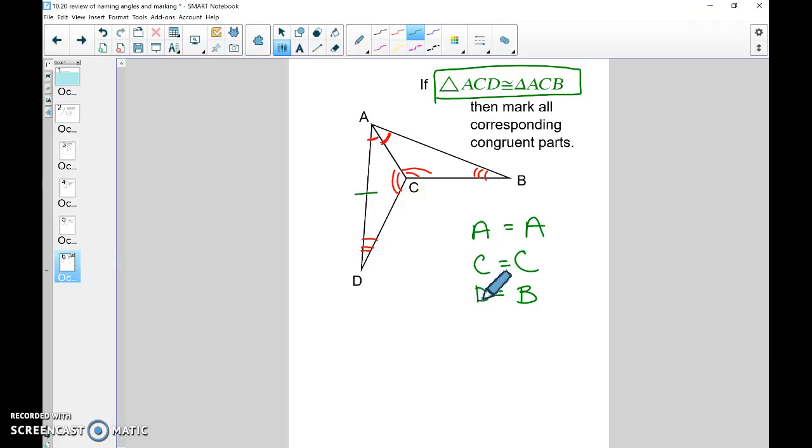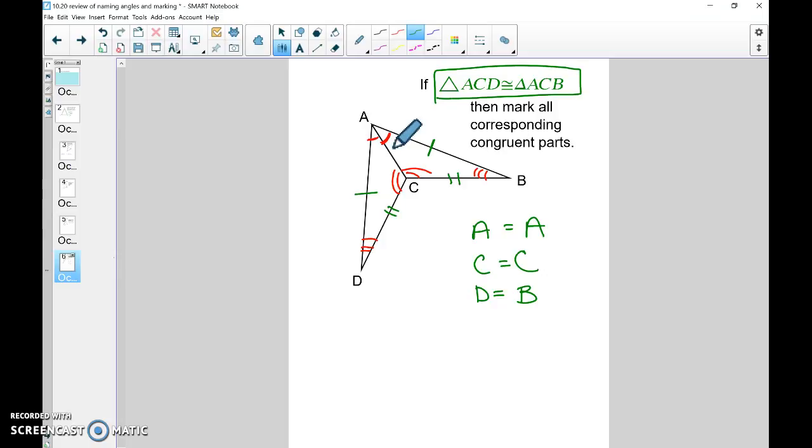AD matches with AB, which means AD here should match with AB over here. So one tick mark each. Check over here, CD. CD matches with CB, so double tick marks for those ones. The last side is AC, which is reflexive. It's the same overlapping piece. I don't need to mark it because it's overlapping in the picture, so I just leave it as is. You don't add a triple mark there or anything, you just leave it alone.